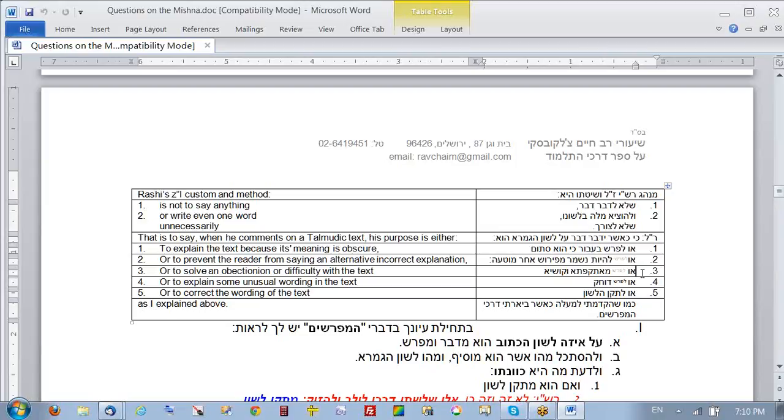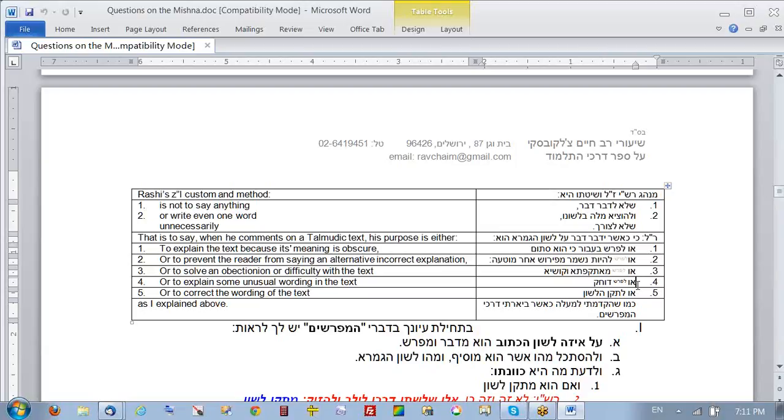Now another thing that Rashi will do is comment to explain some language which has to be explained in an unusual way, not the simple way. That's called dachuk.